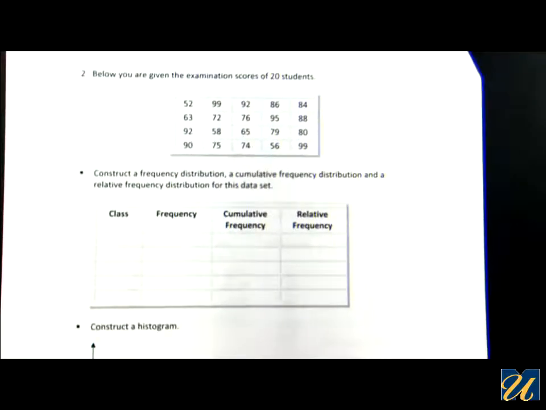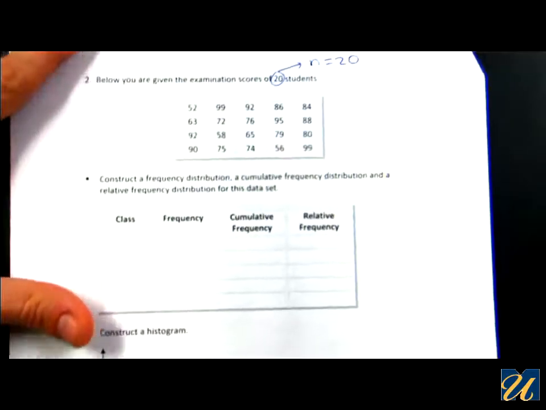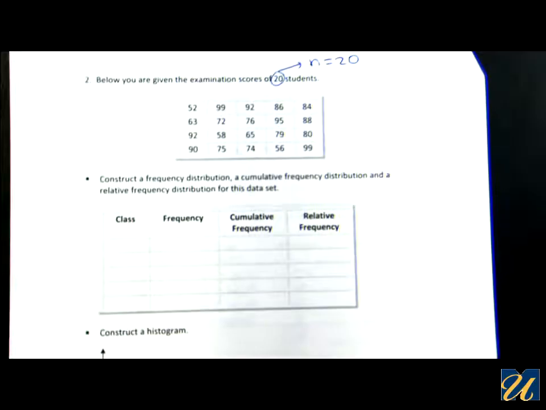For the next one, below you are given the examination scores of 20 students. That means that N is equal to 20. This is your sample size. We want to construct a frequency distribution, a cumulative frequency distribution, and a relative frequency distribution for this data set.